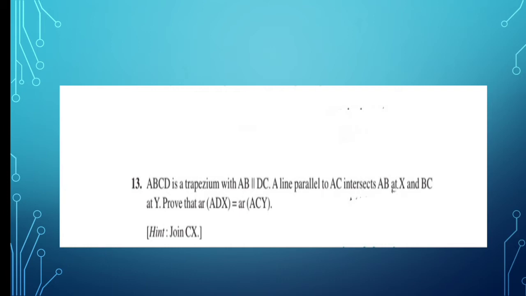In sum number 13 it says ABCD is a trapezium with AB parallel to DC.